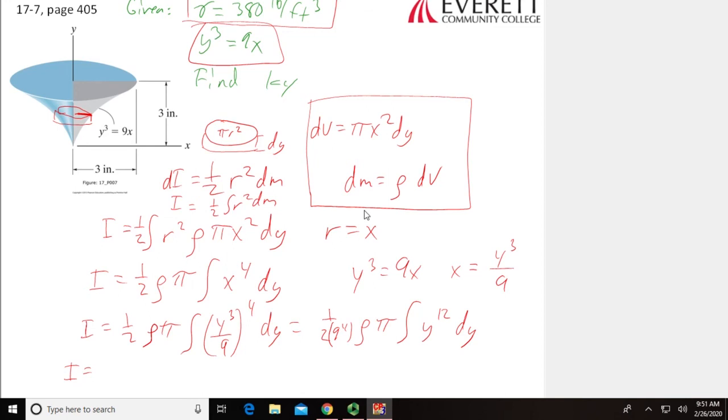So I is equal to 1 over 2 times 9 to the 4th, rho pi times y to the 13th over 13, from 0 to 3. Now you get your calculator out, and you get 29.362 times rho.